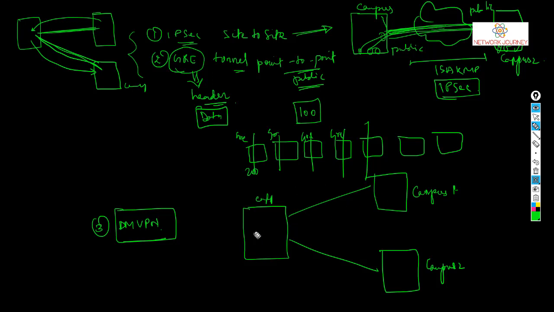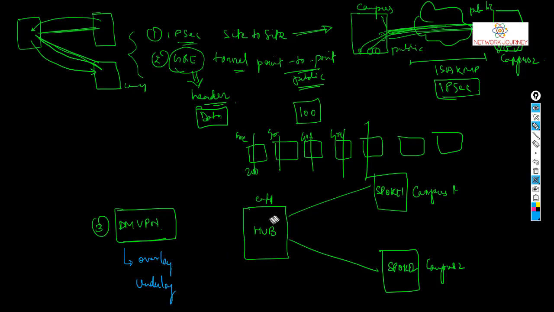So this acts as the hub, and these two act as spokes. So this is spoke 1 and this is spoke 2. Now you might be wondering, this looks like an IPsec tunnel, but it is not. The reason is DMVPN works on the concept of overlay and underlay.